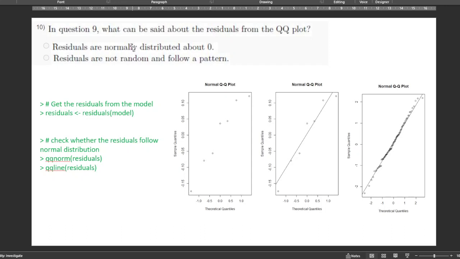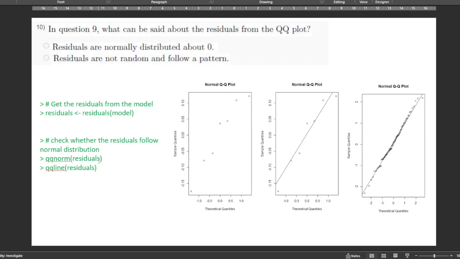For that, what I did is I got the residuals from the model. The residuals command will return residuals to the variable. Then I'm checking whether the residuals follow the normal distribution or not by using qqnorm of residuals.